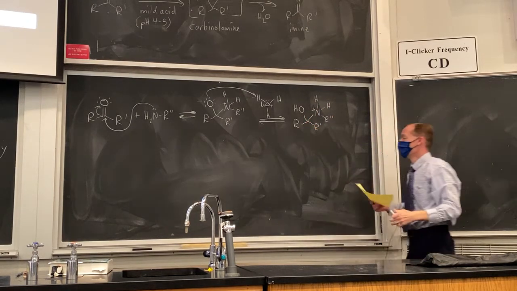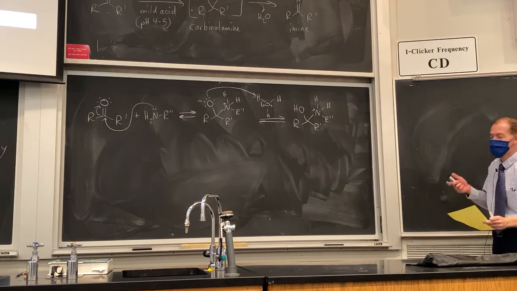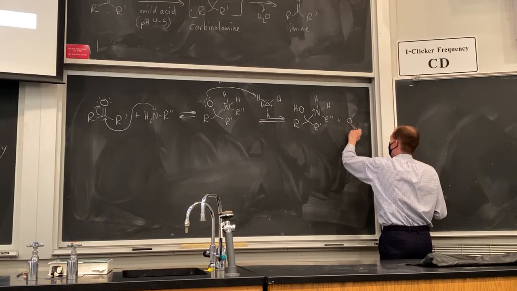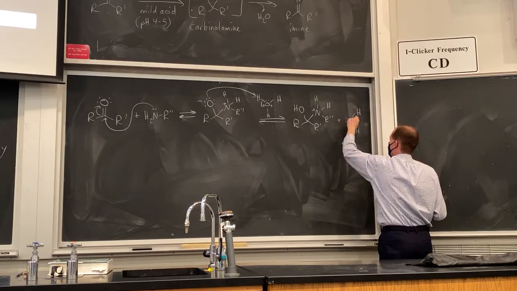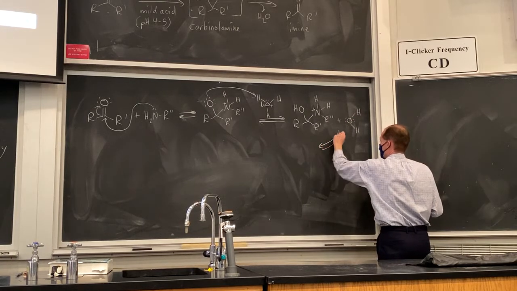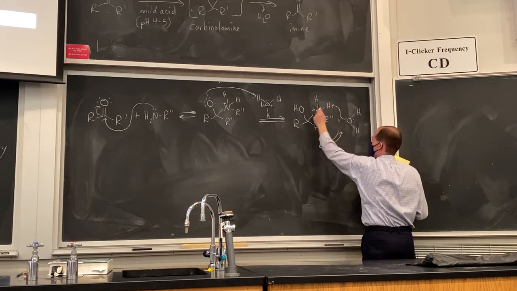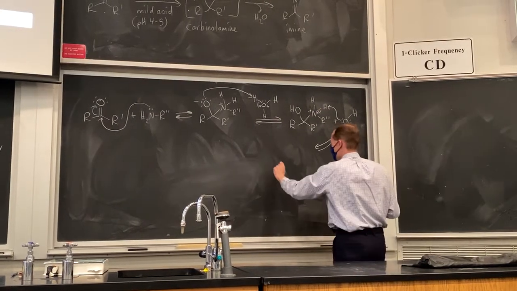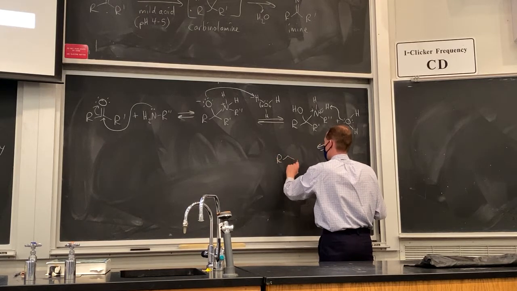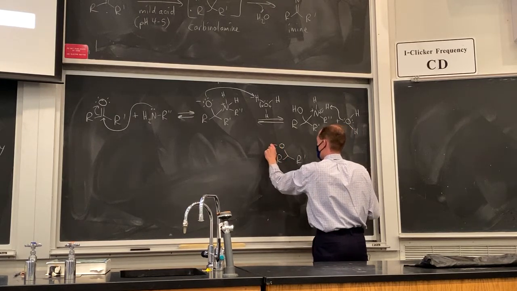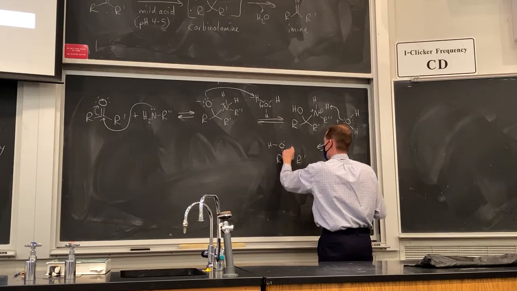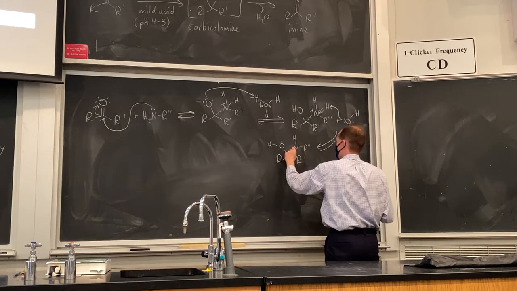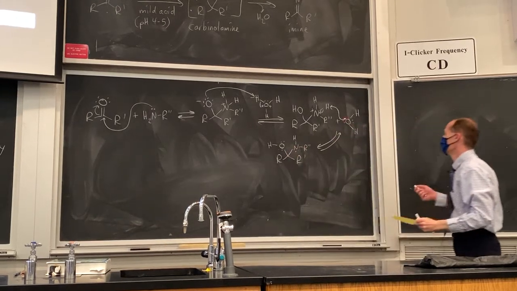And then when we use H3O+ to protonate that oxygen, we now have water present. And that water can deprotonate the positively charged nitrogen. So that's how we get to our carbinolamine intermediate, by protonating the oxygen with H3O+, deprotonating the nitrogen with water.